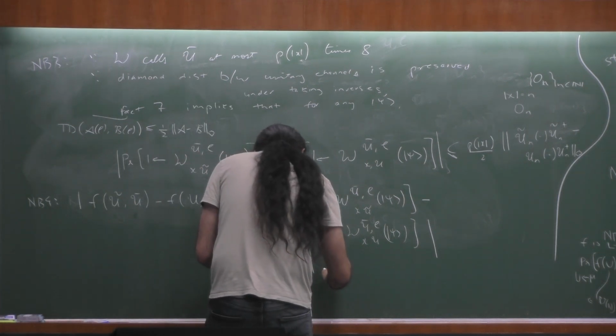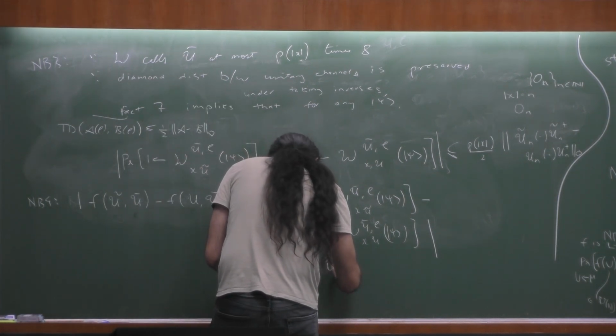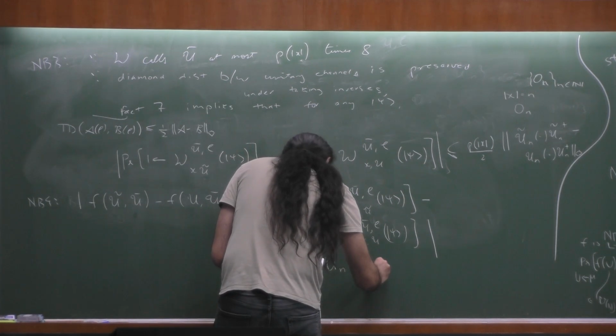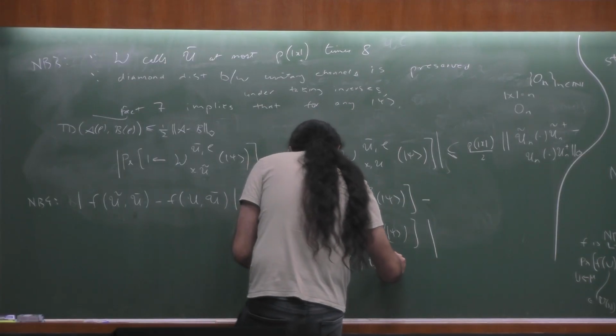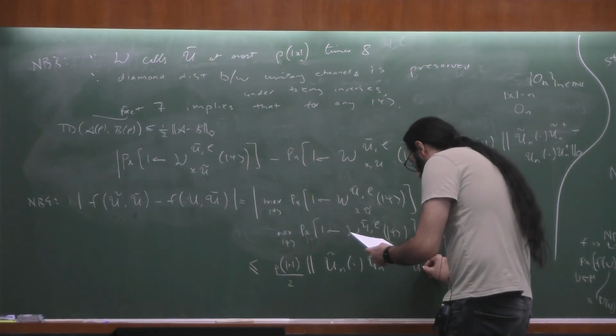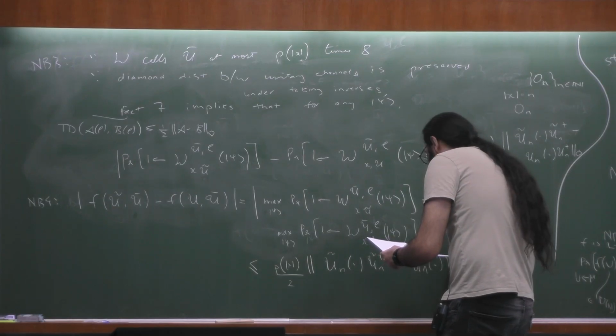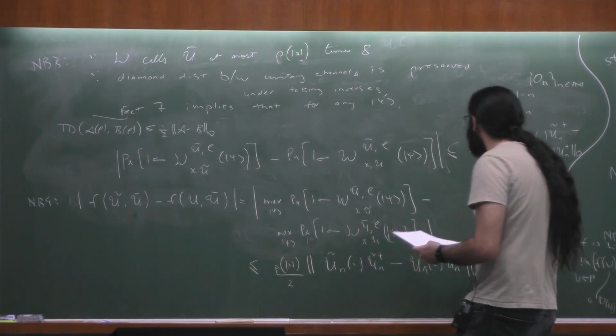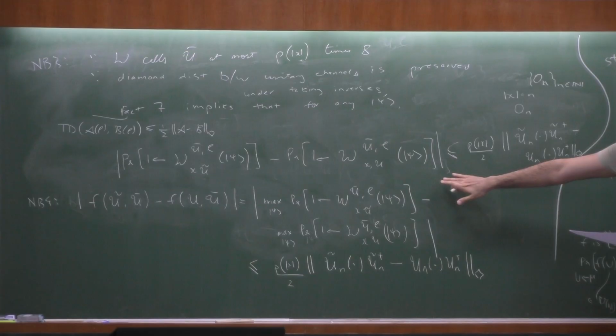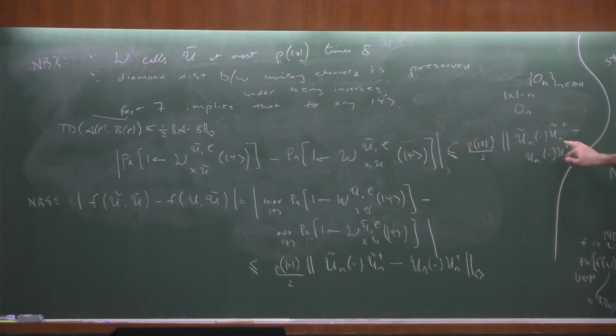And so that would give you the diamond distance between U tilde n dagger and U n dagger. You can maximize over psi, and this will still be bounded because the diamond norm bounds the best process you have.